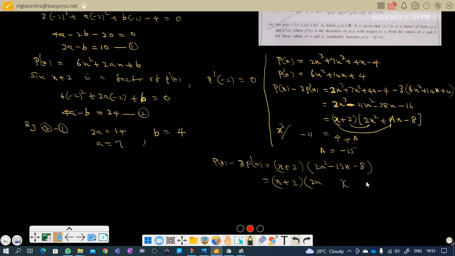So 2x and x, so you can put 8 here, 1 into 8, arrange the signs and numbers so that you get the factors. The middle term is minus 15, right? So if you factorize completely, you get these factors: x plus 2, 2x plus 1, and x minus 8 are the factors of this expression. That's the 11th sum.